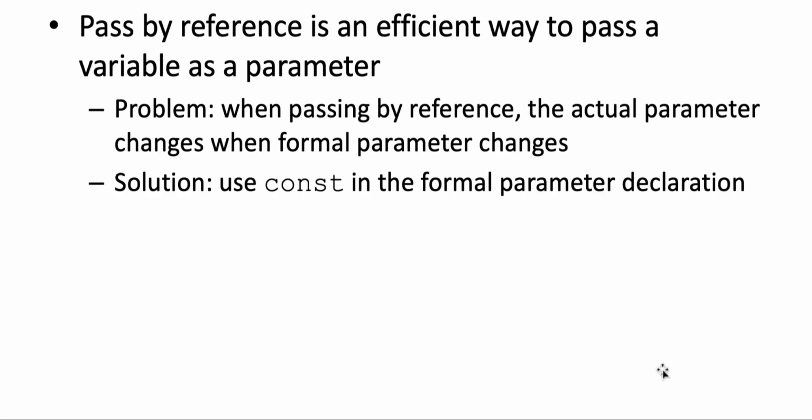Recall that when a variable is passed by value, the formal parameter copies the value of the actual parameter. That is, memory space to copy the value of the actual parameter is allocated for the formal parameter.